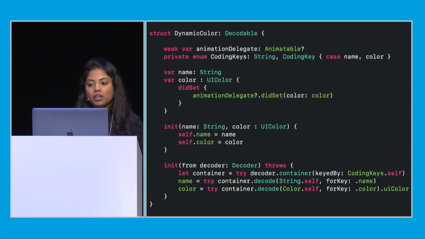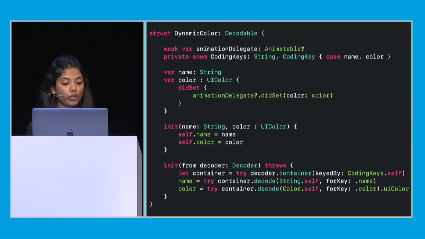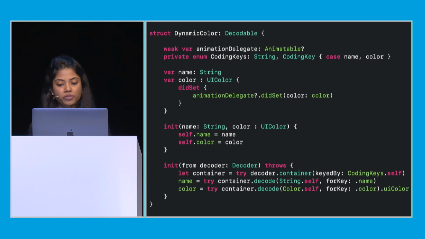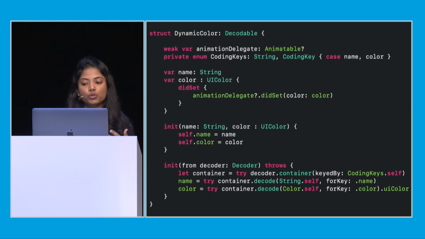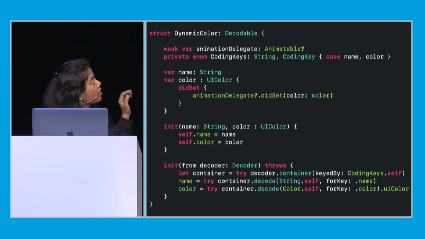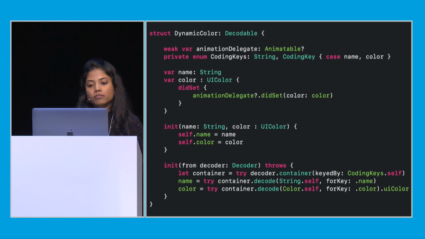One area in which property observers in Swift really shine is when we want to configure a view based on a given value. Here, we are using a didSet property observer to propagate changes to a color variable received from a JSON down to an underlying animation delegate that's used to render the animation.